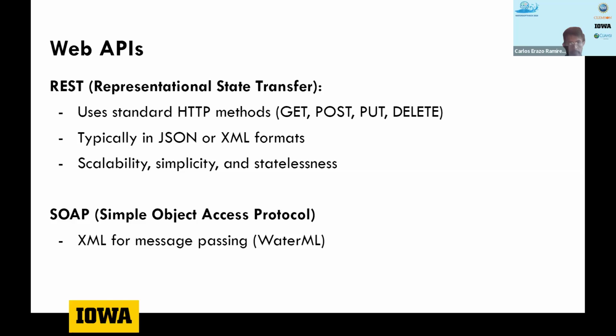So particularly talking about web APIs, I'm going to go into two different protocols that are being used for getting data. The first one is representational state transfer, or REST API, a standard for creating calls through the web using HTTP.